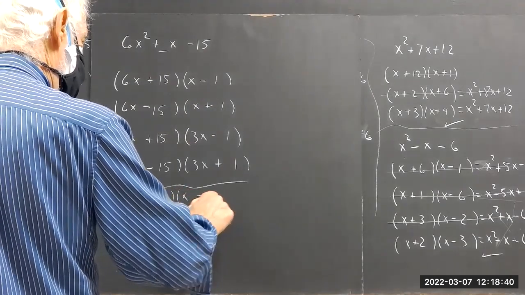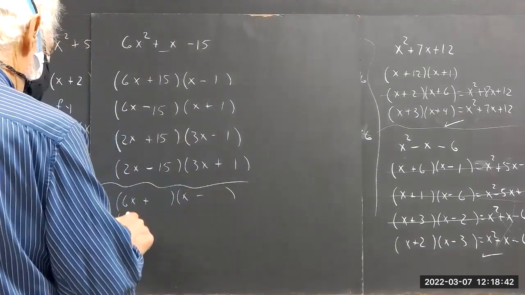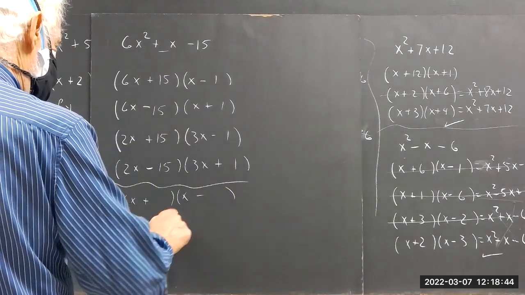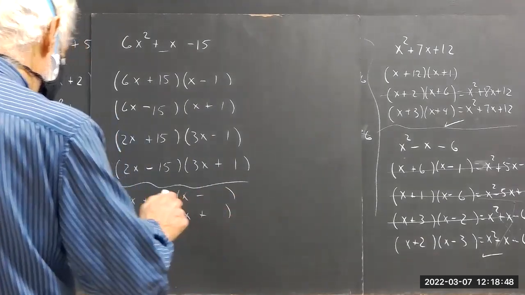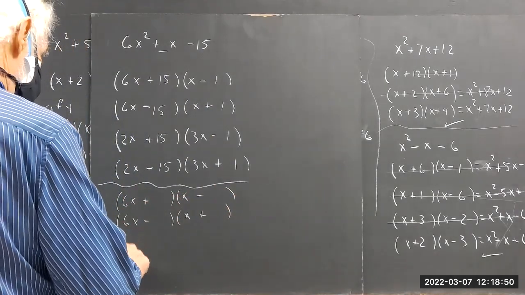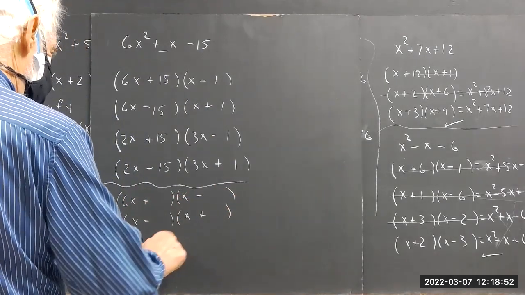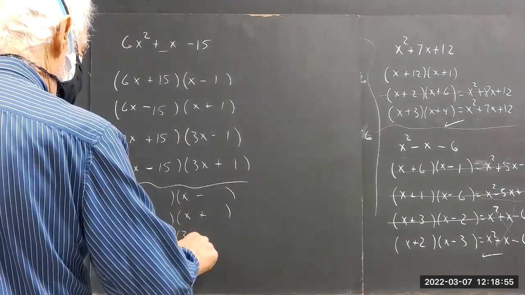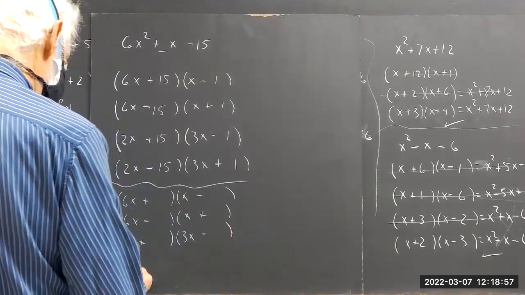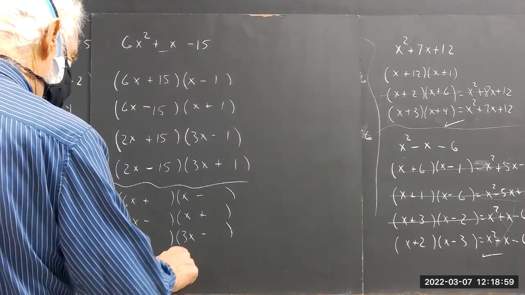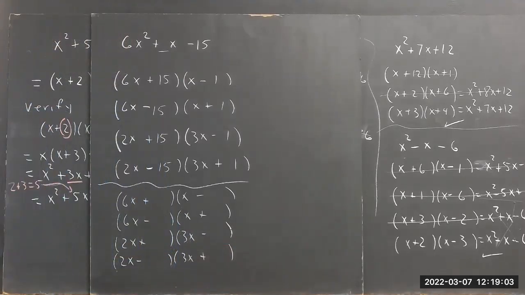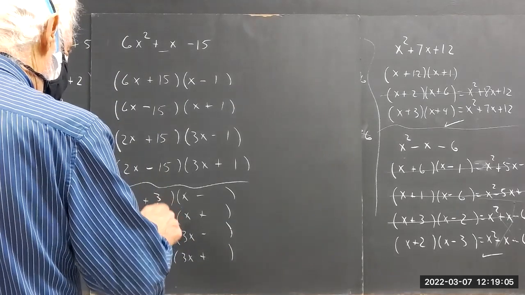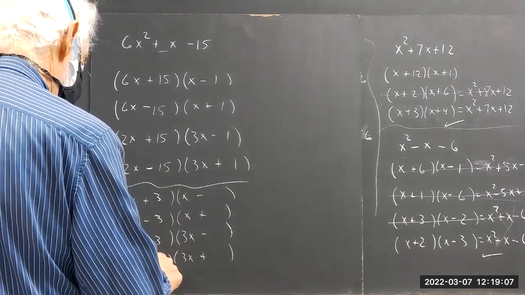The same forms that I had before: 6x plus, 6x minus, x plus, x minus, 2x plus, 3x minus, 2x minus, 3x plus. Then I could have 3 here.